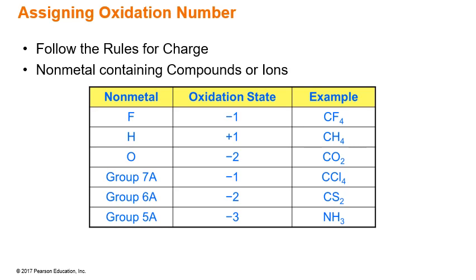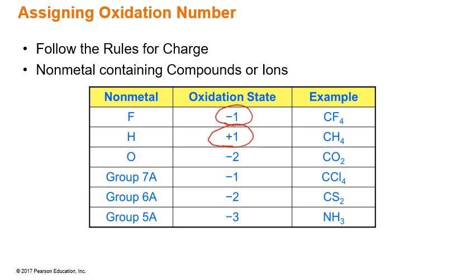When we get to strictly non-metal containing compounds, the rules get a little more complicated. So the higher you are on this table, the higher priority it is to follow that rule. So if you have a fluorine containing compound, the oxidation state is always a -1. If you have a hydrogen containing compound, the oxidation state is always a +1.